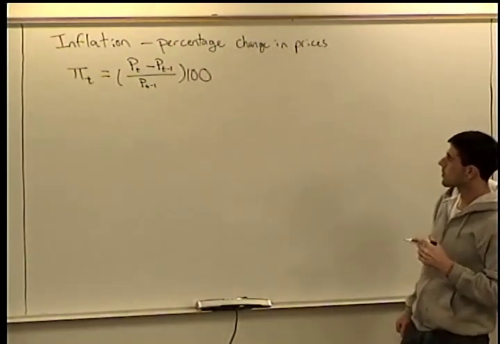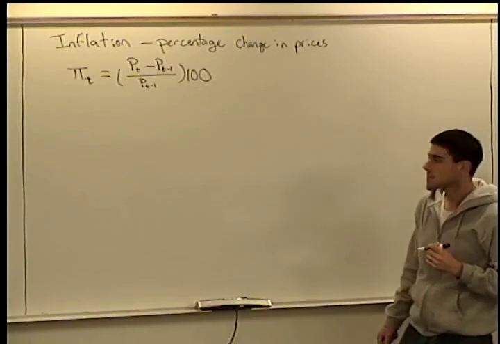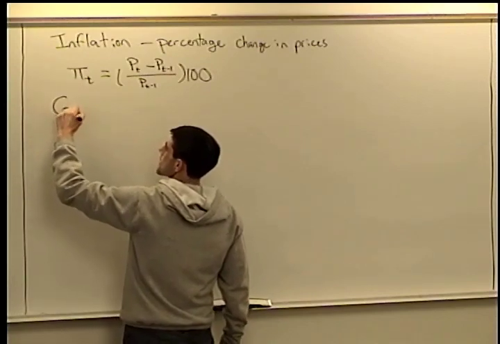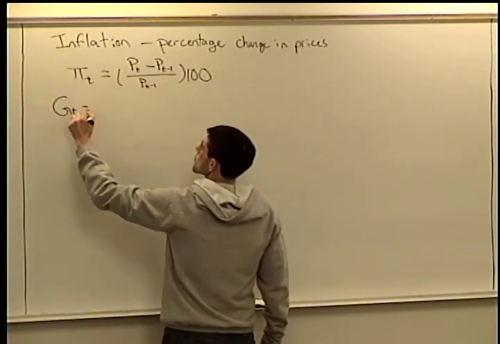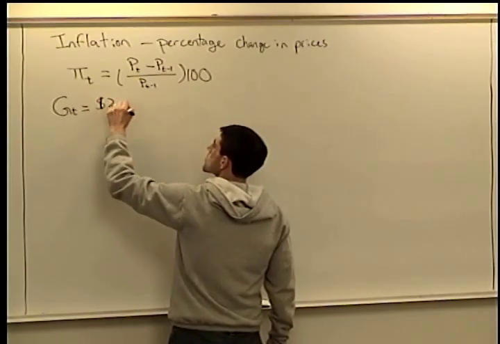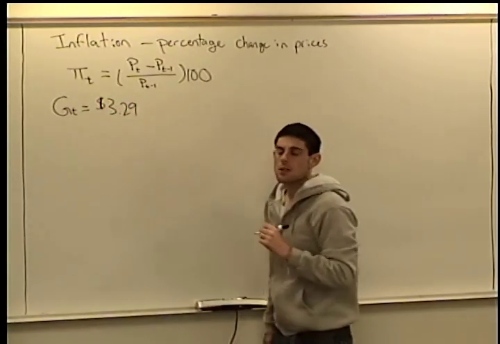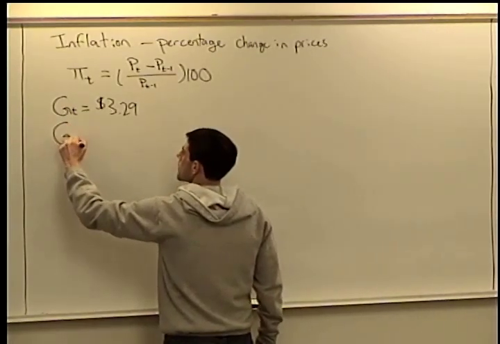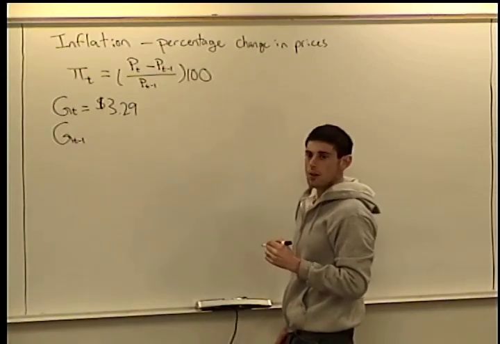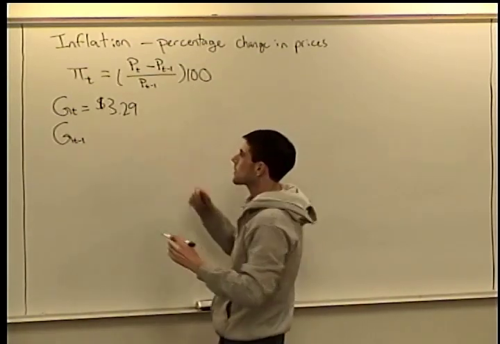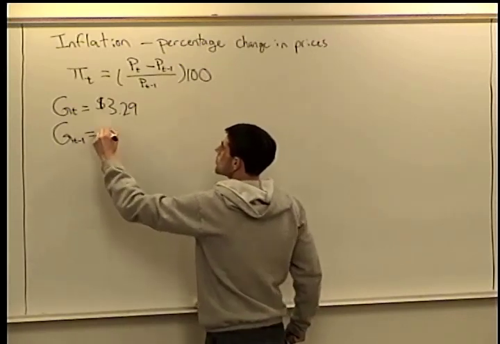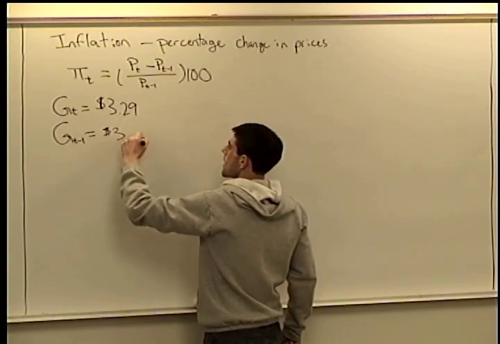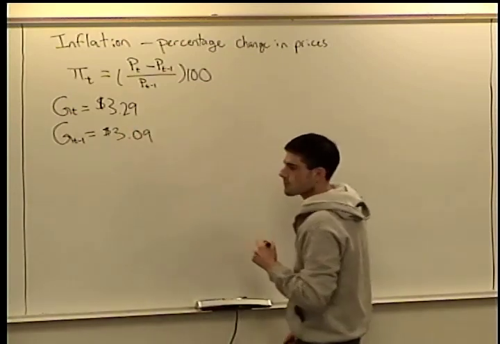Okay, so for example, if we were looking at gasoline prices, if gas today, gas at time t, is equal to, we'll call it $3.29, and gasoline 6 months ago, so an earlier time, t minus 1, was equal to, we'll say, $3.09.